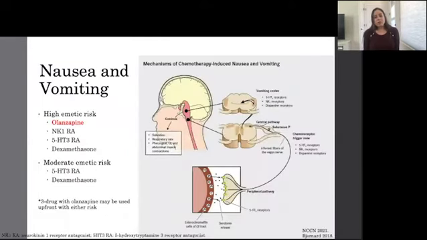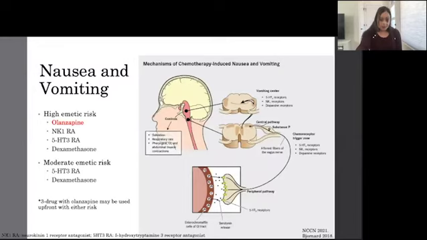Specifically moving on to probably the most feared side effect of chemotherapy for patients, which is nausea and vomiting. This does exist to some degree with all cytotoxic chemotherapy agents, and the image on the right depicts why this occurs. There are two pathways specifically that we think of when it comes to the pathophysiology.